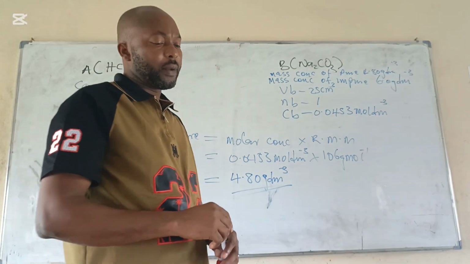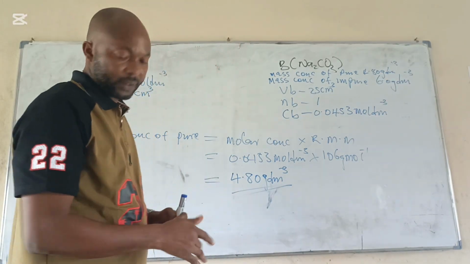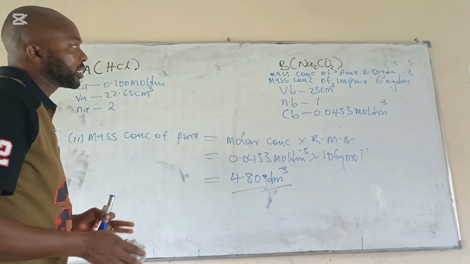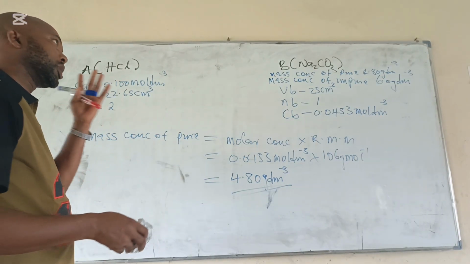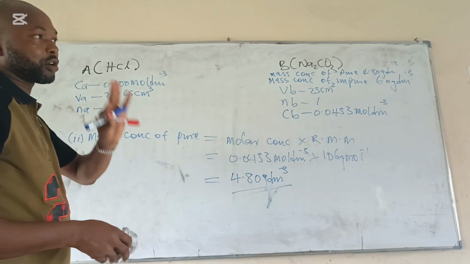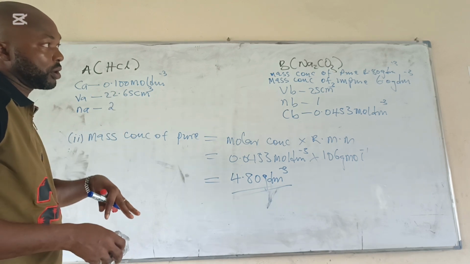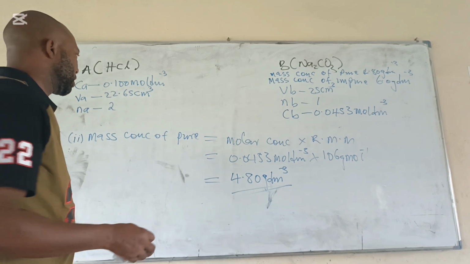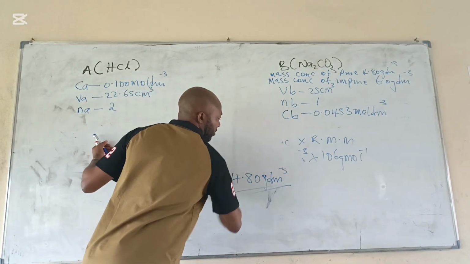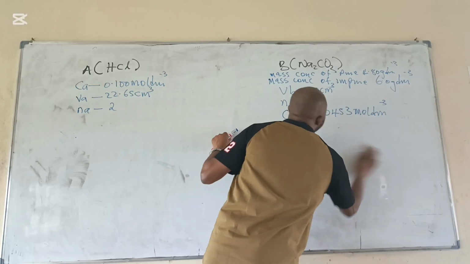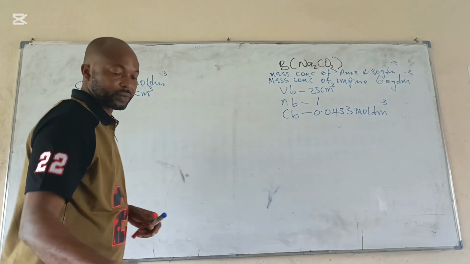So if that is true, let's see how we can get what they are asking us to do, the percentage impurity. So now I want to get my percentage impurity. I'm going to clean this. Apply the formula, which is mass concentration of impure minus mass concentration of pure over mass concentration of impure times 100. It is important to remember the formulas. It becomes easier by the day when we solve.